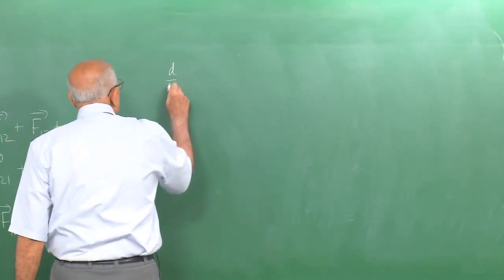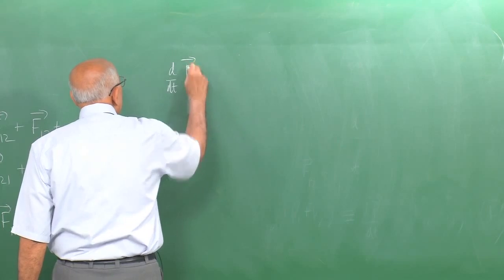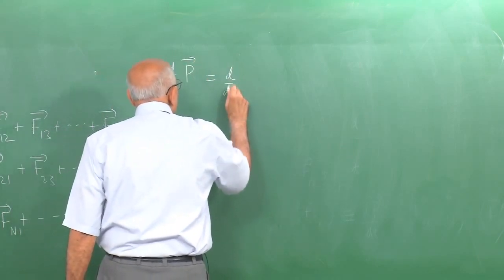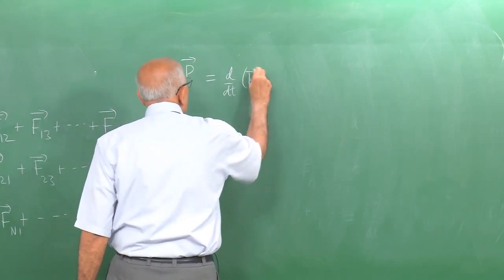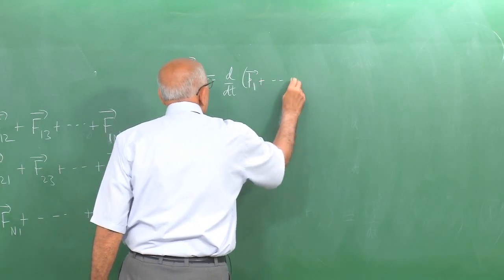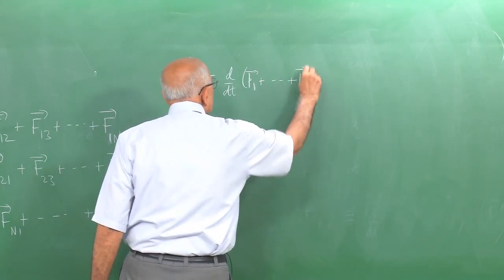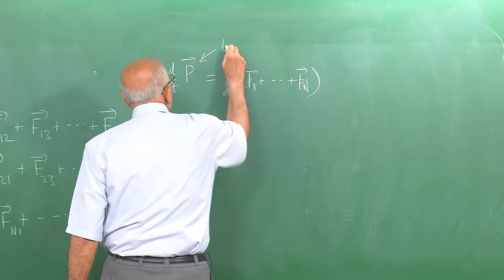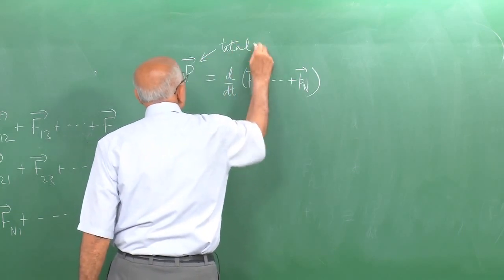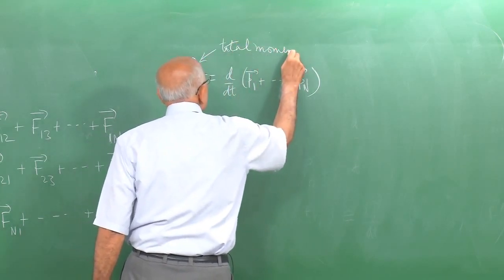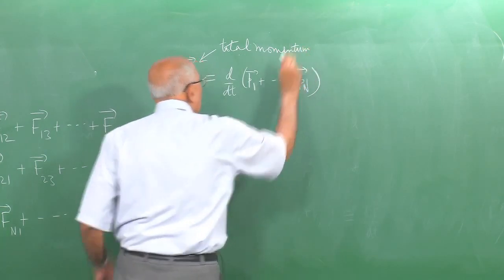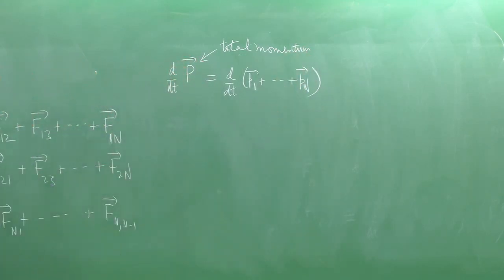And the result therefore is d over dt of P, which is equal to d over dt of p1 up to Pn. This is the total linear momentum of all the particles added up vectorially.